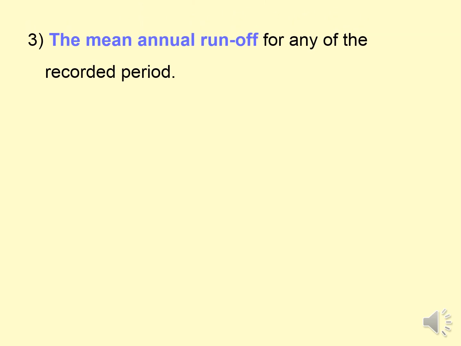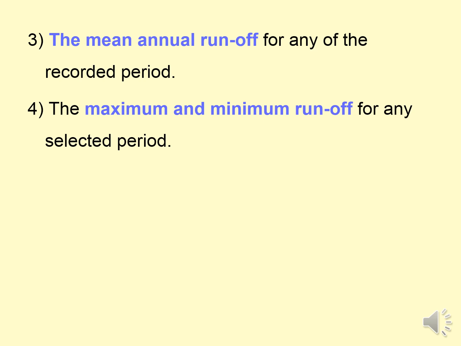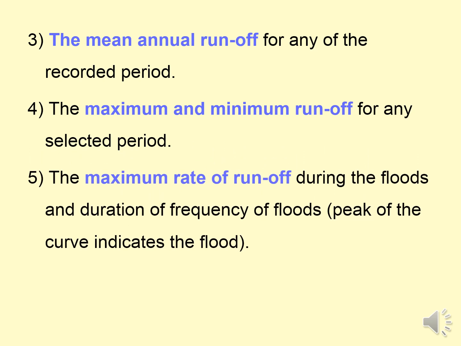So this is the rate of flow, and total volume can be measured through the annual runoff, meaning for that year how much rainfall is recorded, maximum and minimum runoff for a selected period, in which month we have maximum rainfall, which month we have minimum rainfall, maximum rate of rainfall during the floods and the frequency of floods. So that can also be noted.